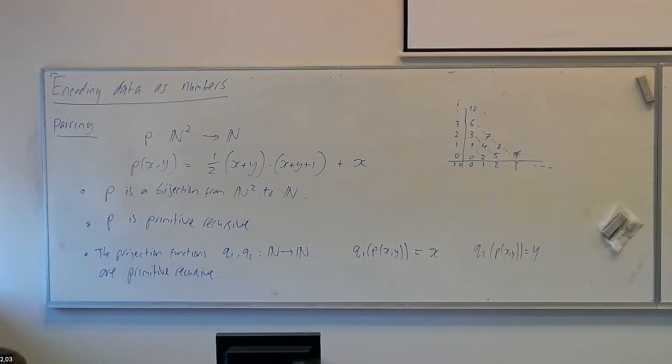So a sequence of numbers n0 up to n(k minus 1), so a sequence of k numbers, is represented as the sum 2 to the power of n0, plus 2 to the power of n0 plus n1 plus 1, plus 2 to the n0 plus n1 plus n2 plus 2, plus all this up to 2 to the power of n0 plus n1 up to n(k minus 1) plus k minus 1.